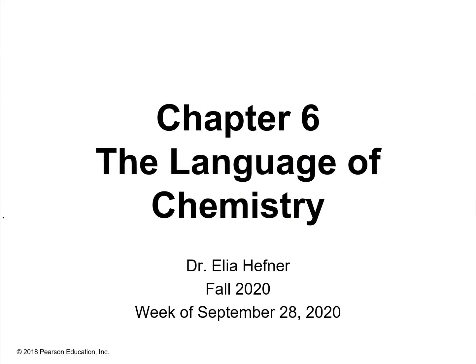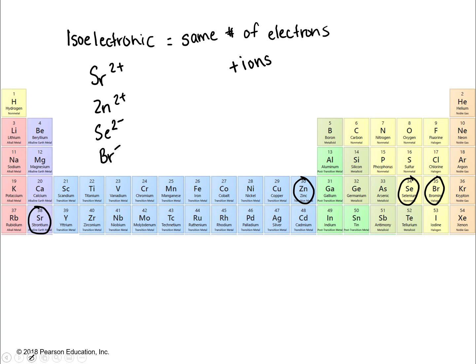Strontium is here. The noble gas above it, in the row above it, is krypton. Zinc, we didn't do a whole lot with the transition metals, but zinc has 4s electrons.